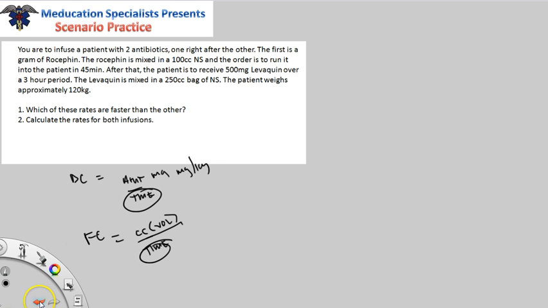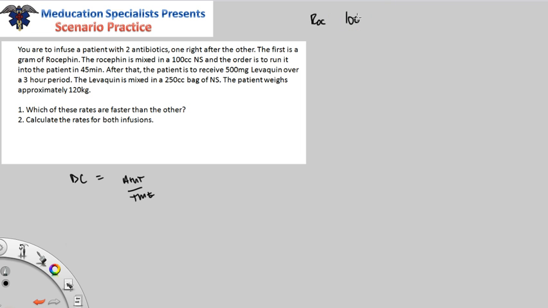So in that particular case, let's take a look. Rocephin, we want to give 100 cc's, and we run it in 45 minutes. Don't let this 45 minutes scare you. The time there could be anything.